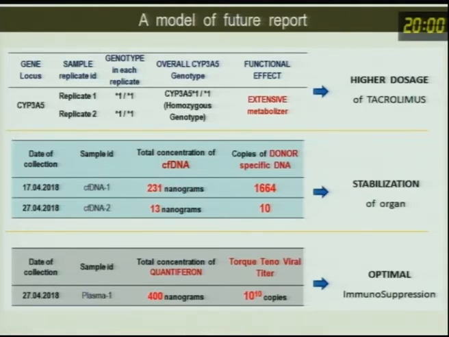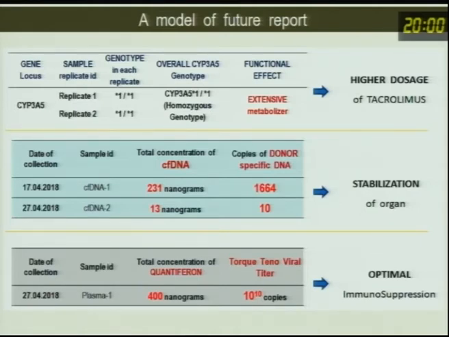So you can be very confident that the organ is undergoing stabilization. Then you add the Quantiferon assay and the torque teno virus assay, and you know that there is optimal immunosuppression. This report tells you that yes, you are giving the right dosage of tacrolimus. The organ is stable, and you are attaining optimal suppression in the patient. We don't have to worry about over-suppression or under-suppression. So any aberration you see either in the cfDNA or in this one will definitely indicate some issue in the system of the patient.